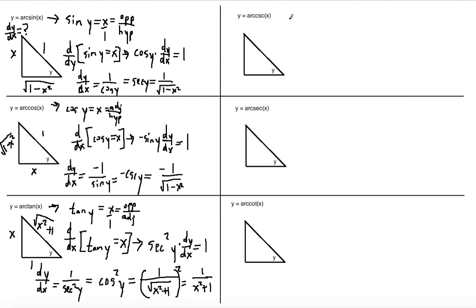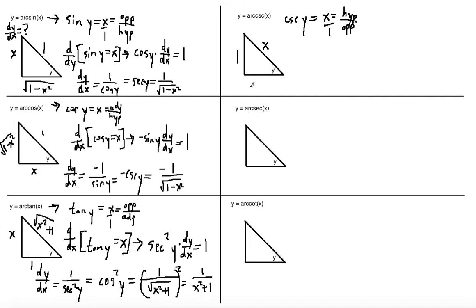Repeat for cosecant. Here we have that the cosecant of y is going to be equal to x. This is the hypotenuse over the opposite. So in this case, here's where my x goes.